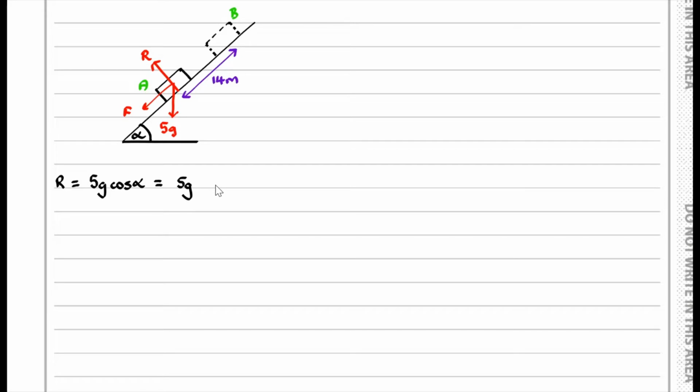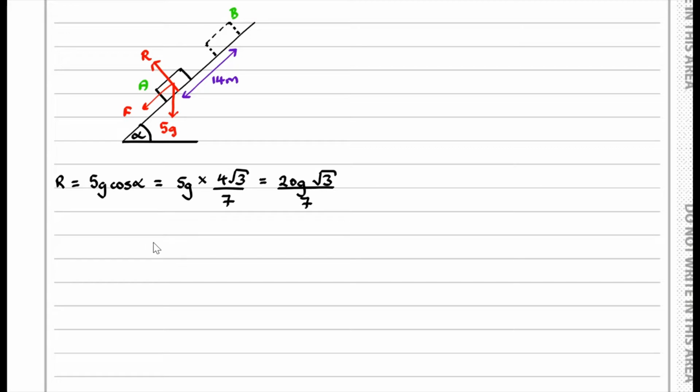So we have 5g multiplied by the cosine of alpha, which is 4 root 3 over 7. And if we work this entire thing out, we get 20g root 3 over 7.